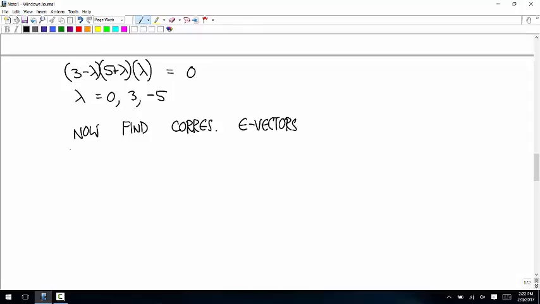So the corresponding eigenvectors. First I'm going to do it for lambda equal to 3.